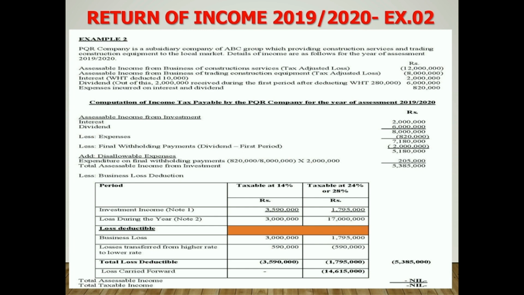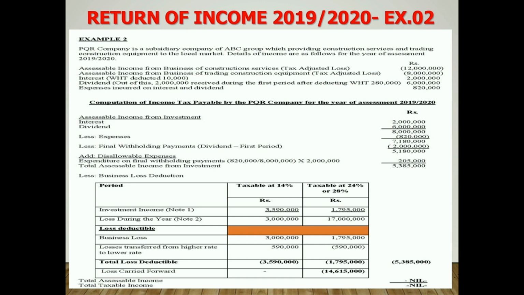Details of income have been given, but here you can see that they have calculated assessable income from business by doing adjustments. So according to the information, they have incurred a loss during the year.